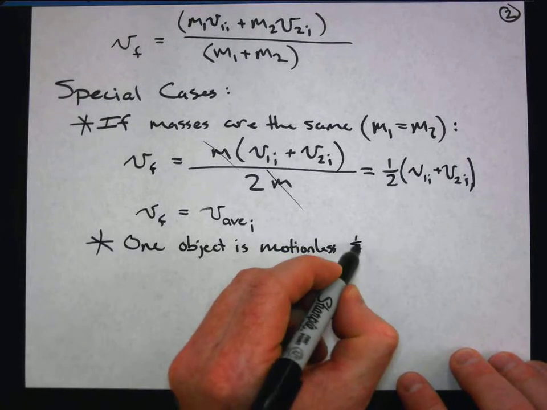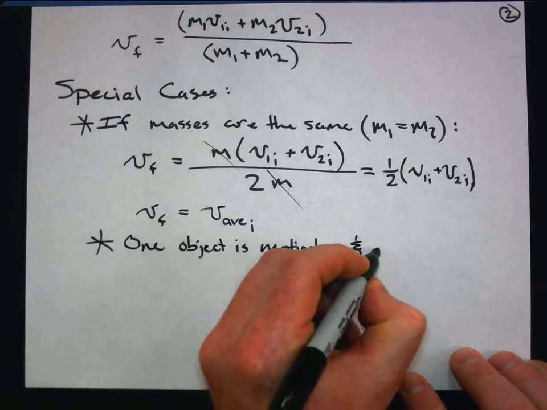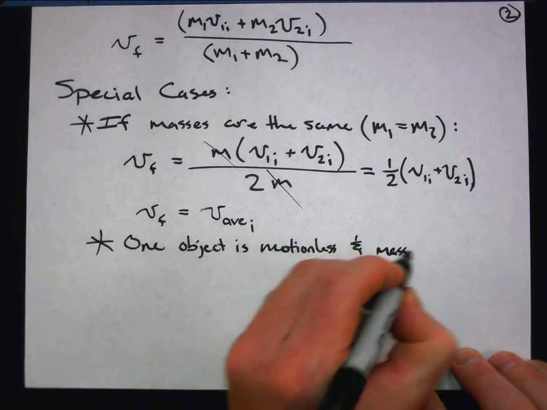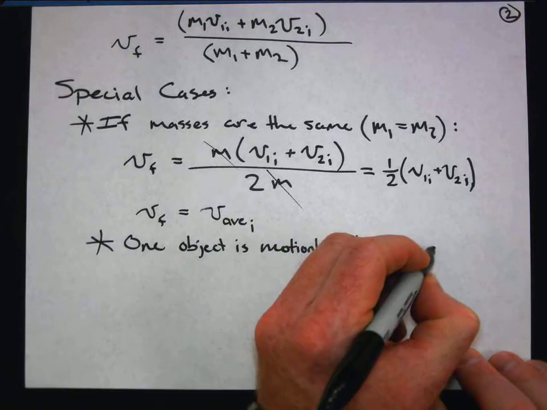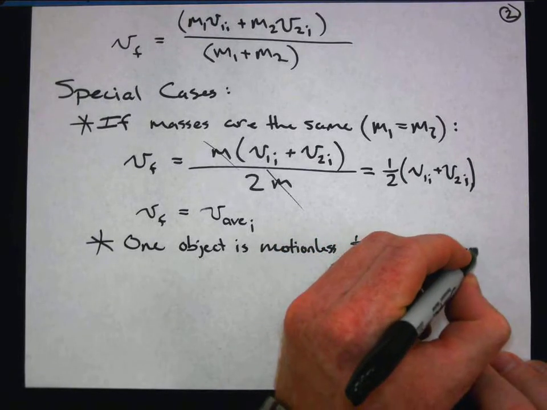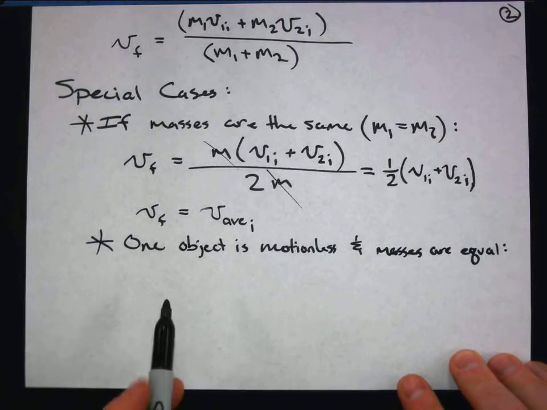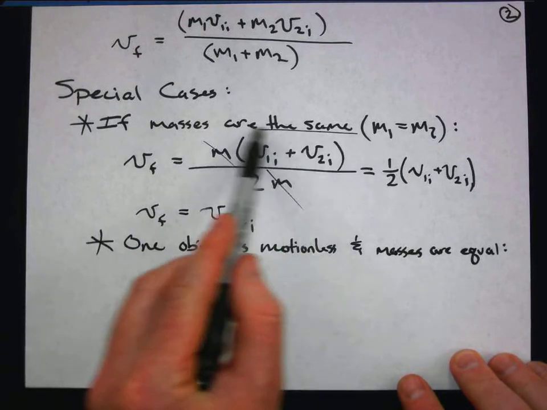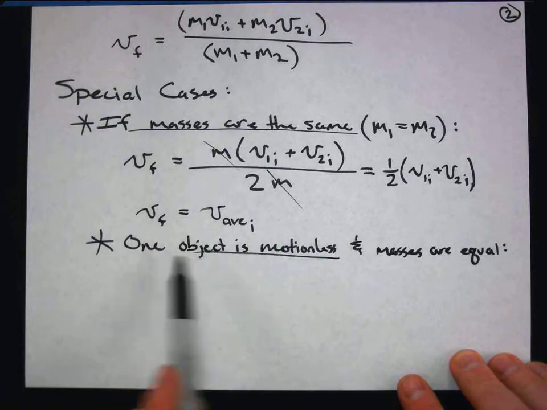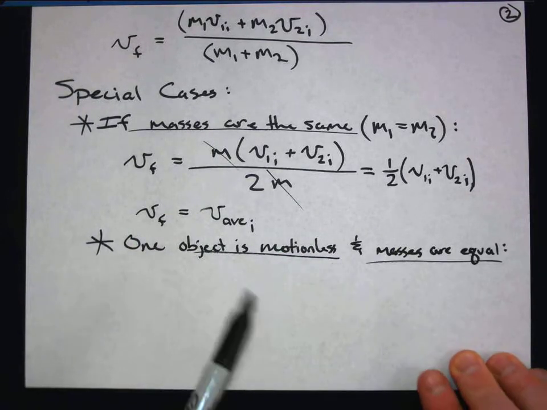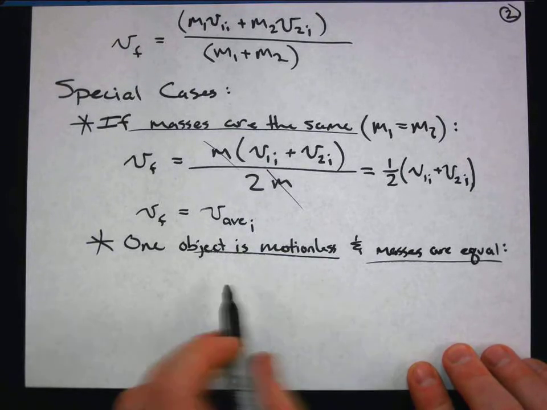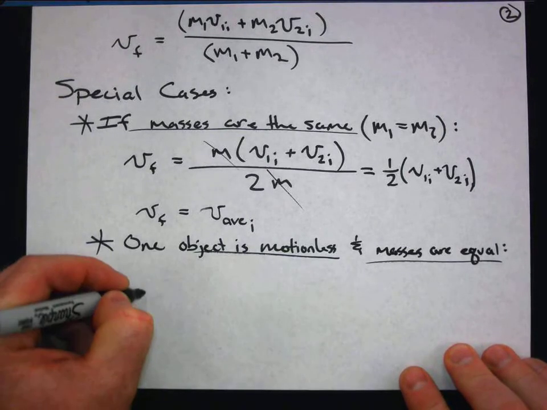And you know what, we'll keep this condition, and the masses are equal. So we started just with looking at equal masses, and now we're looking at one of them being motionless along with equal masses.